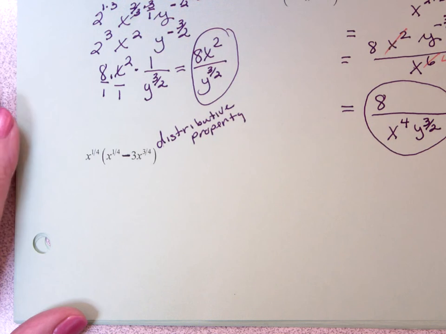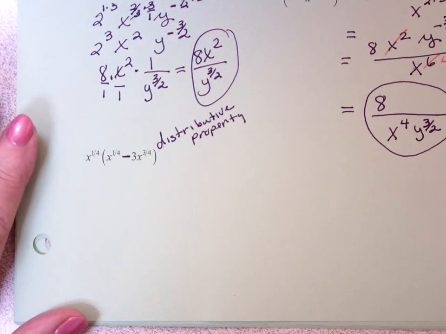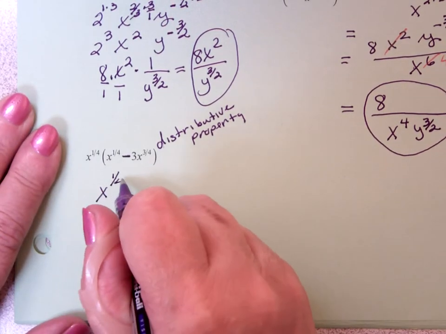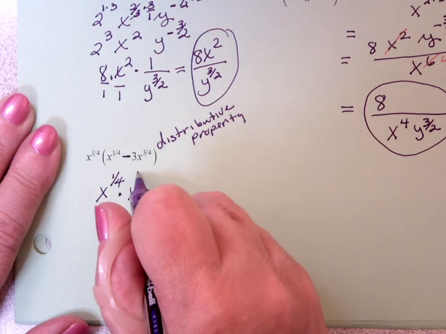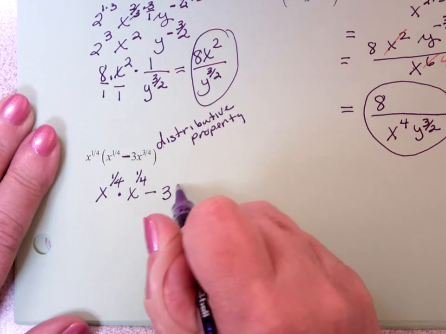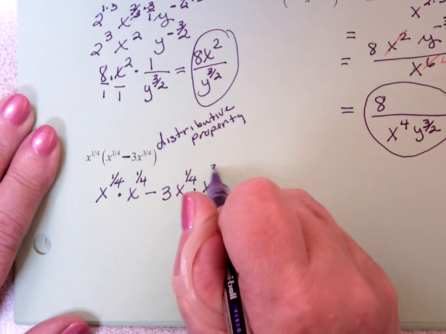Because there's fractions, we're going to end up having to deal with the fractions as we go across. So this would be x to the 1/4 times x to the 1/4 minus 3 x to the 1/4 times x to the 3/4.